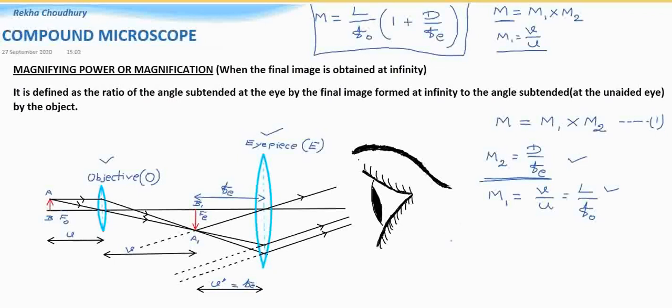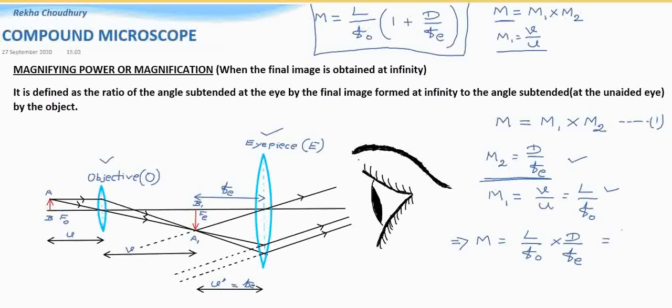The magnifying power of a compound microscope when the final image is formed at infinity is m equal to m1 into m2, where m1 is L divided by FO and m2 is D divided by FE.